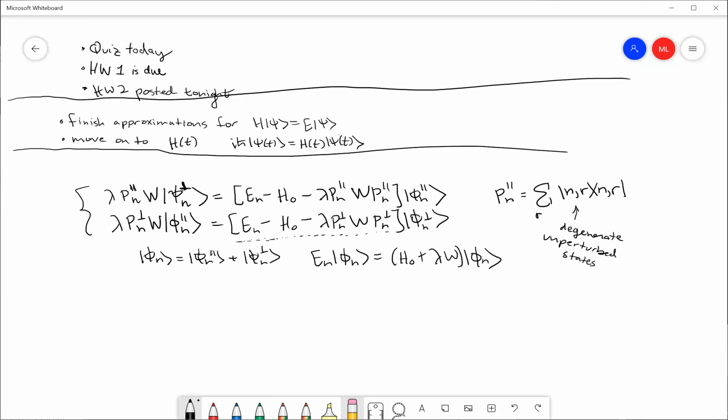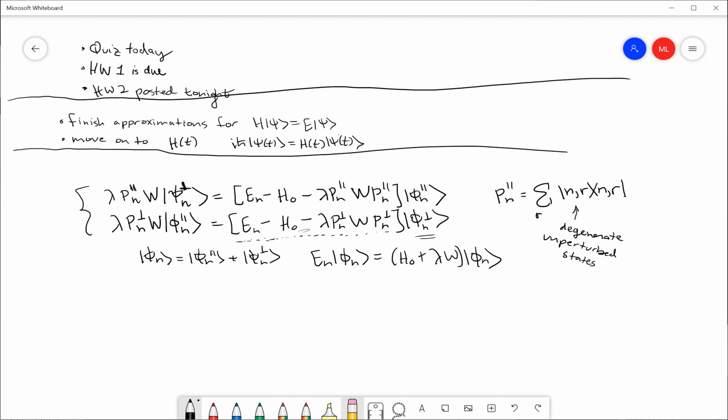An operator is invertible as long as when it acts on a vector, it never gives you zero. So this operator is invertible because it's acting on a state that's away from the degenerate subspace, so this thing will not blow up.